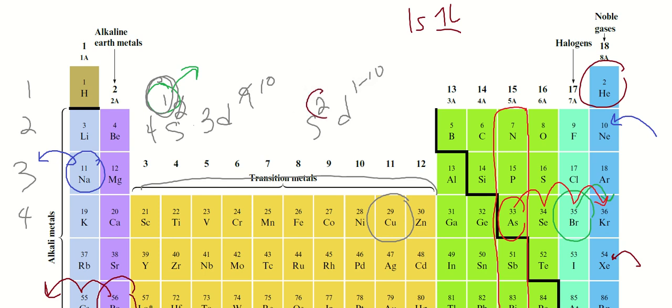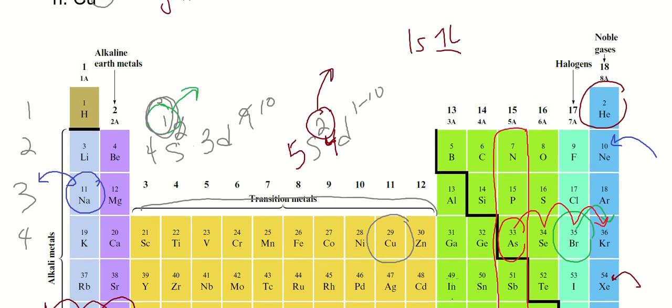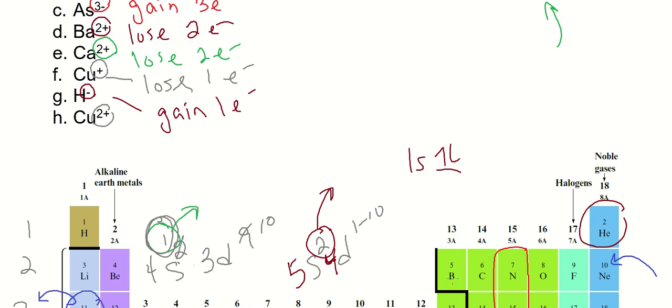And then this number is usually higher. Let's just say this is like 5 and this is 4. When you're removing electrons from transition metals, the electrons in the s orbitals get removed first. And that's why a lot of times you'll see transition metals with cations of 2 positive charge. So it's losing 2 electrons.